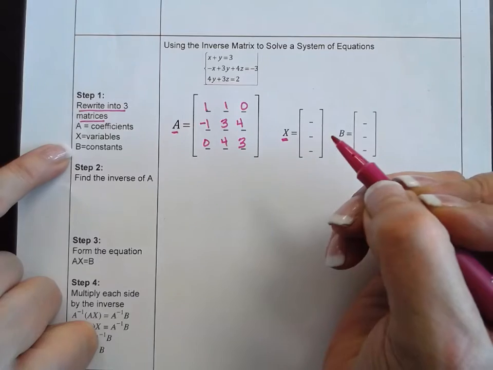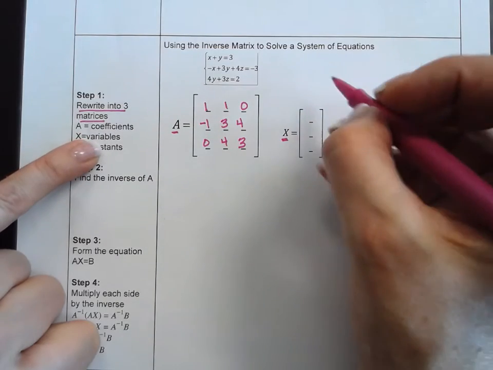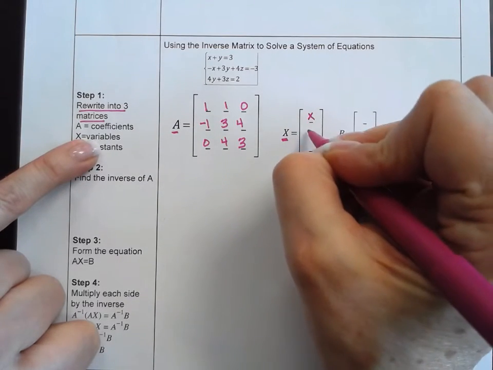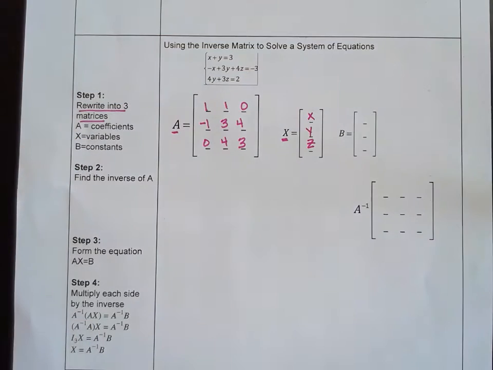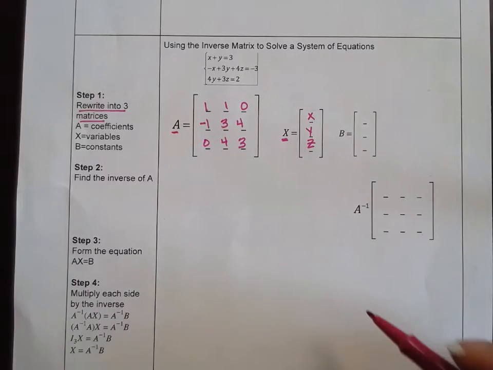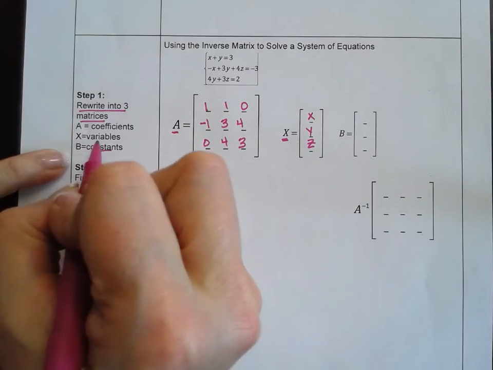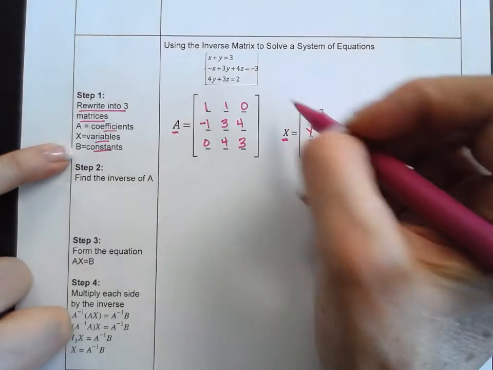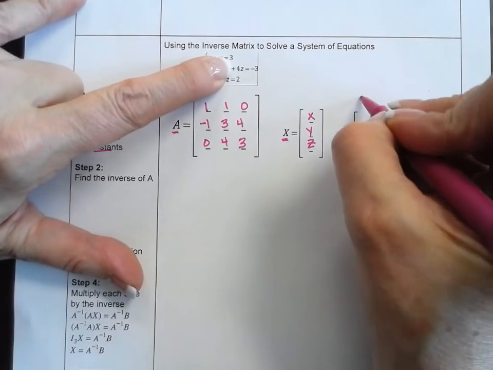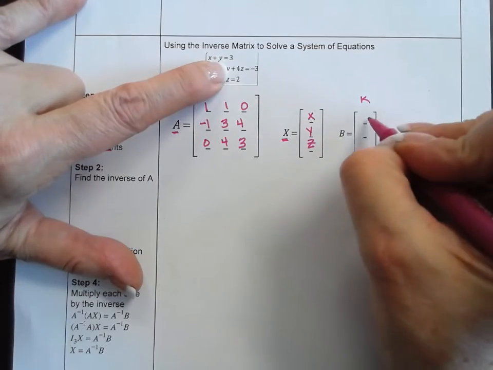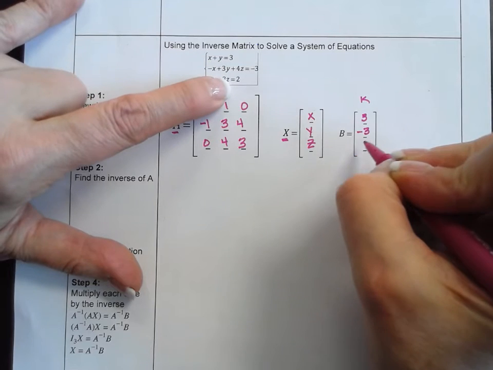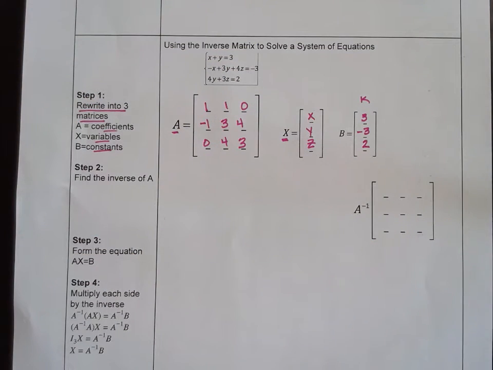We're going to call it X, and it's of our variables. So we have X, Y, and Z. Then the next matrix is going to be our constants, which are kind of like our K column, and that's going to be our 3, -3, and 2.